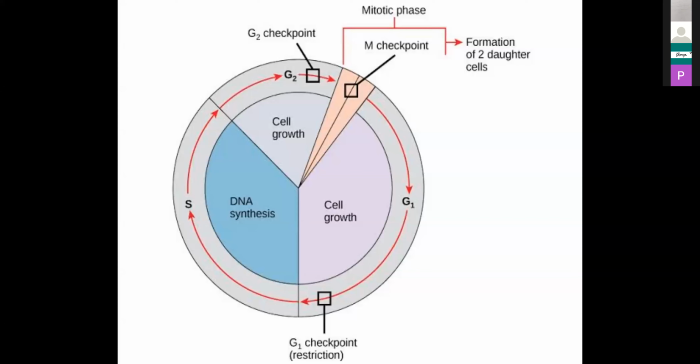So you know that in a cell cycle, there are checkpoints available. Normally कितने checkpoints होते हैं? 3.